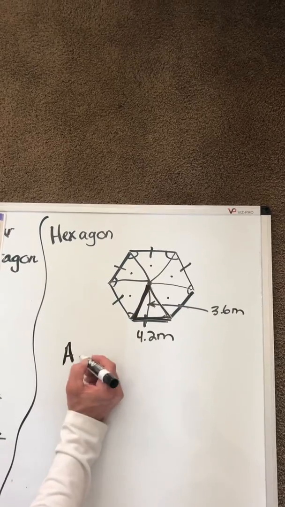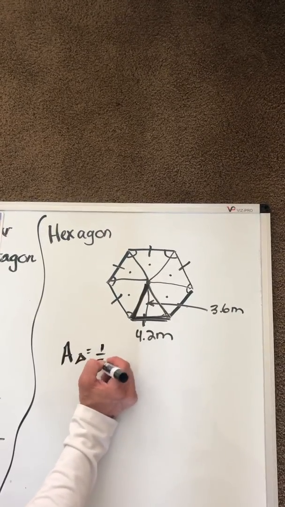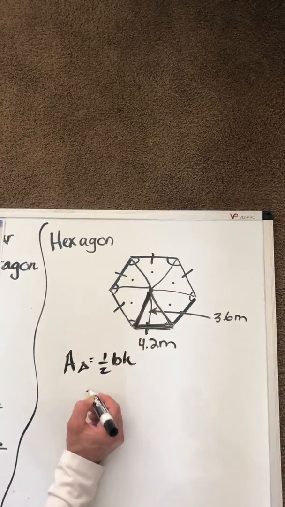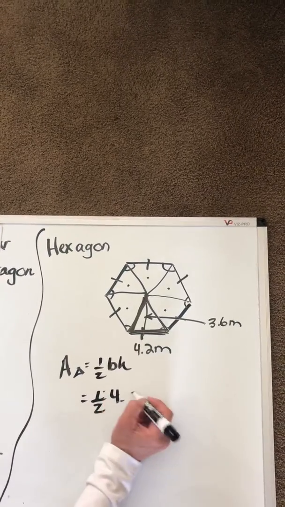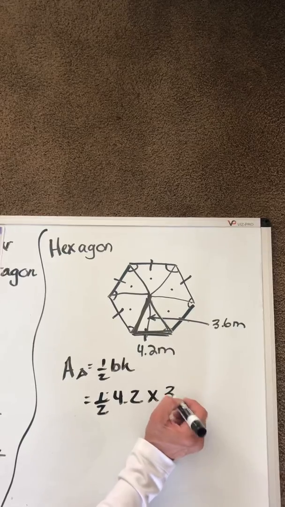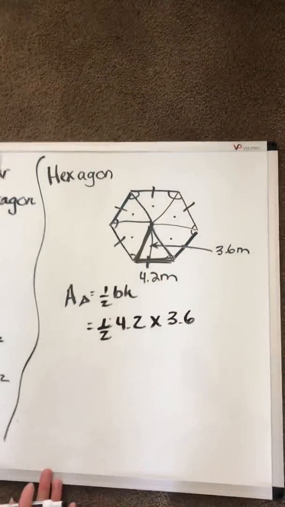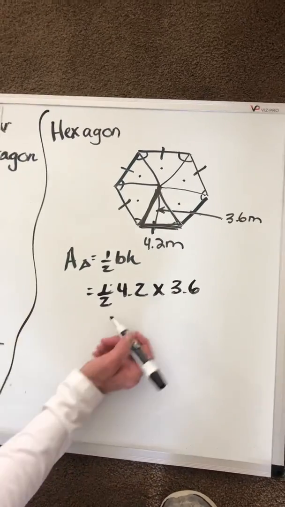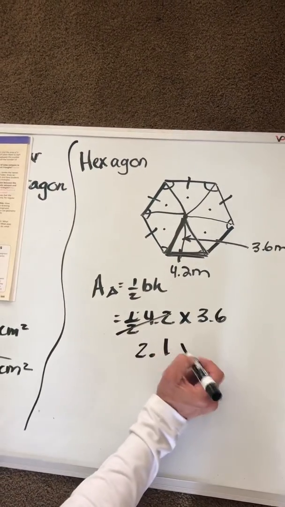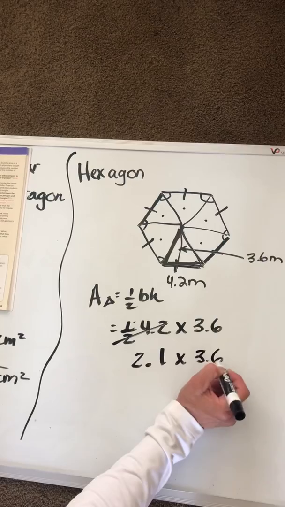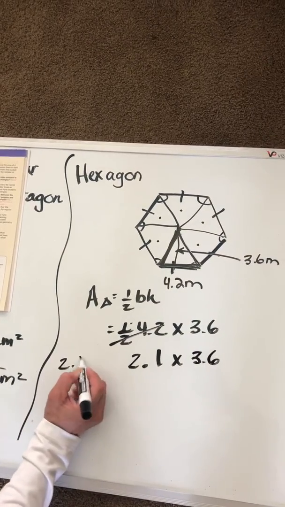So again, the area of a triangle is 1/2 base times height. So we have 1/2 of 4.2 times 3.6. Mentally, you should be able to know that half of 4.2 is 2.1 times 3.6. And you'll have to work that out over here.